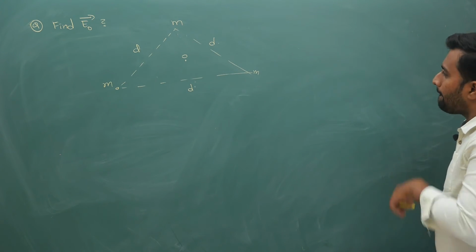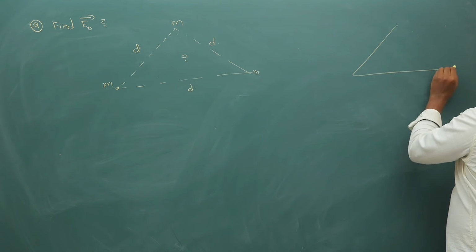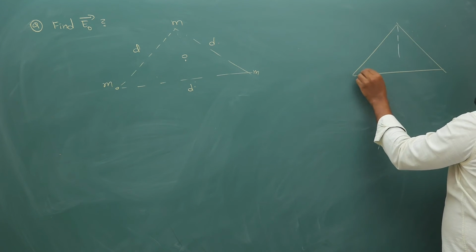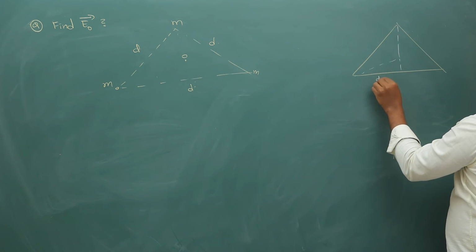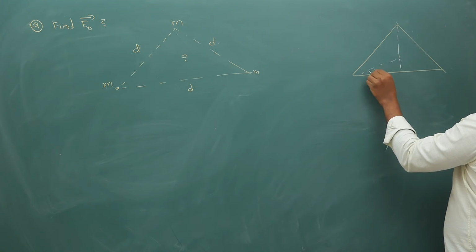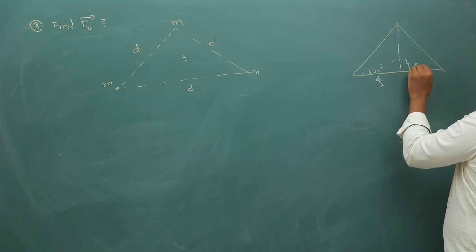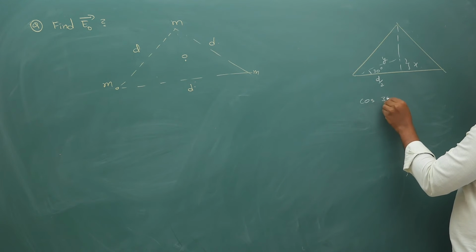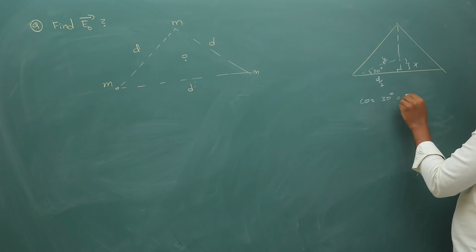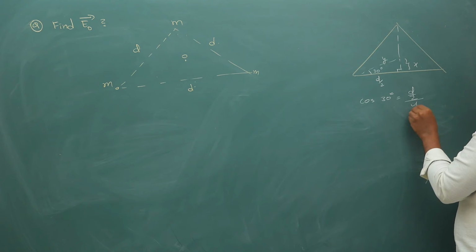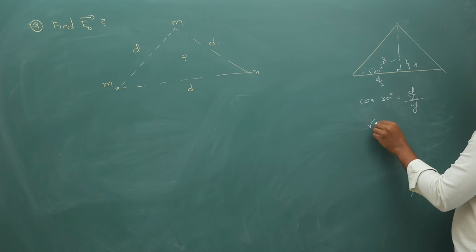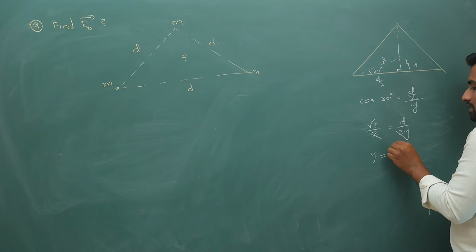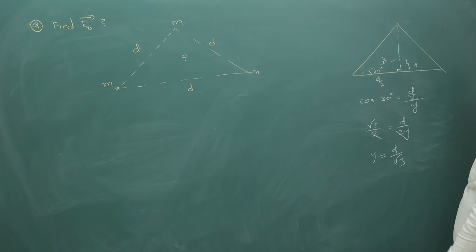Now, I have explained very clearly, if it is an equilateral triangle, to get the centroidal distance, this part is d by 2 automatically, this angle is 30 degrees, this part will be x, this part is y. Cos 30 is adjacent side by hypotenuse. Adjacent side is d by 2, hypotenuse is y. Cos 30 is root 3 by 2, equal to d by 2y, 2 will cancel off, y is equal to d by root 3. Okay.